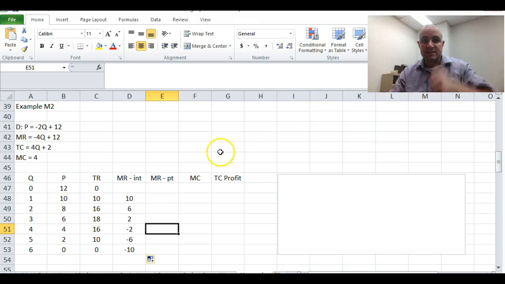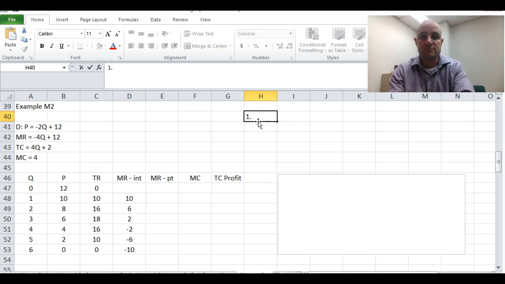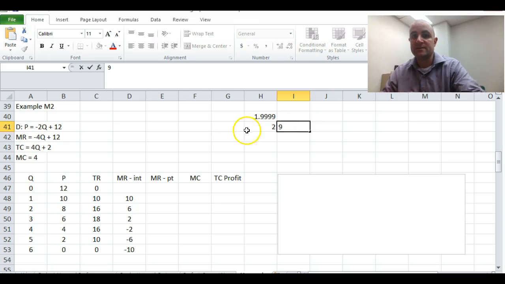So, for example, instead of going from 1 to 2, let's say we are going from 1.9999 to 2. We know when quantity is 2, the price we have to set is 8.